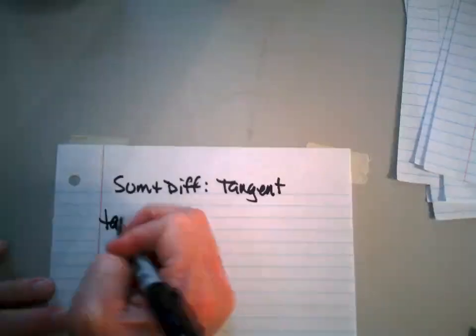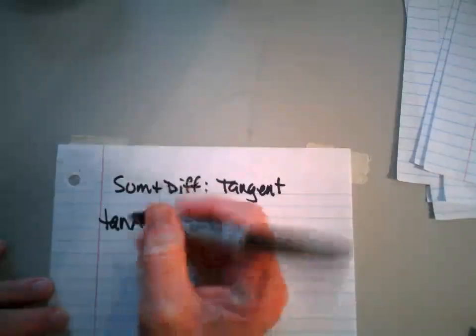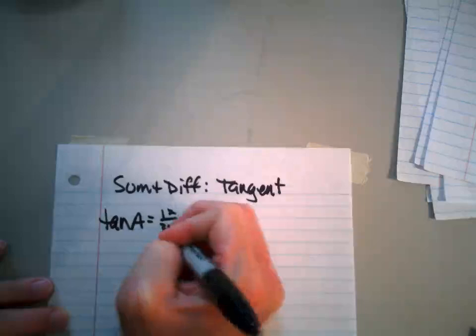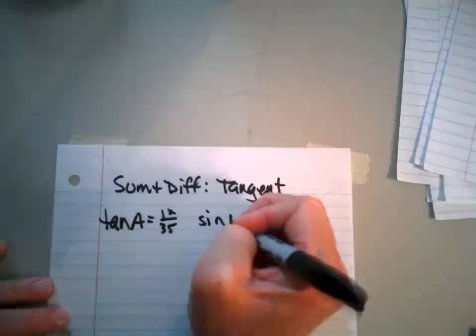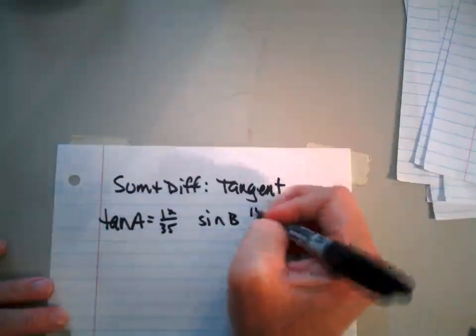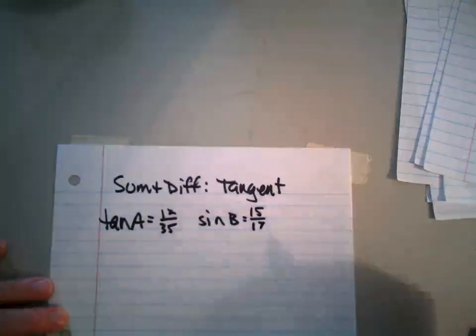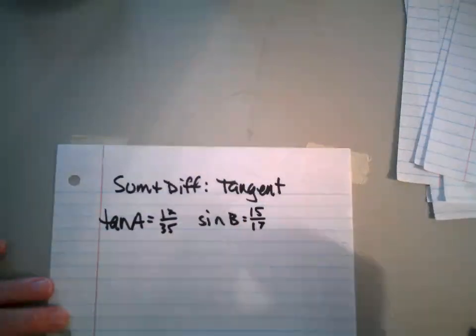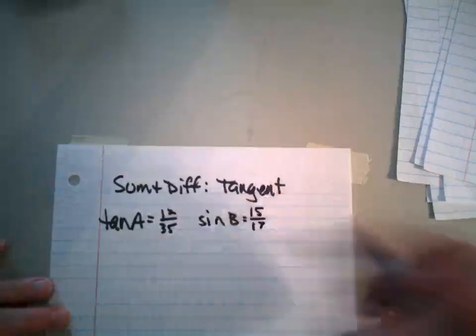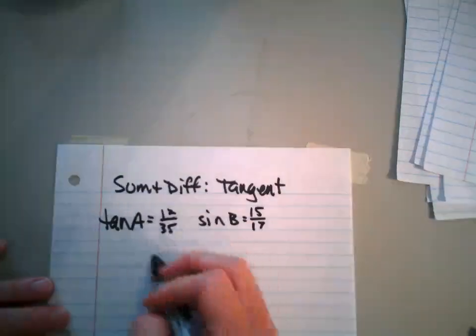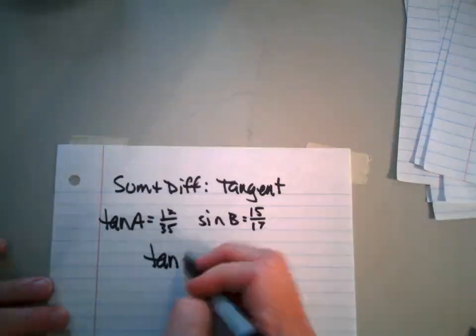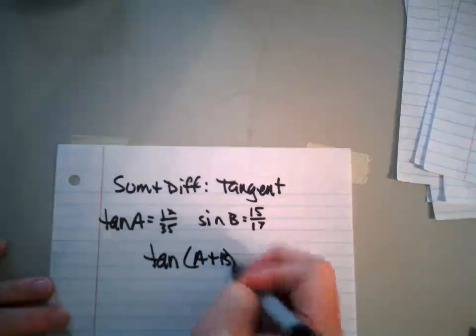So they gave us tangent of A is 12 over 35. Sine of B, 15 over 17. This is all in the problem on Delta Math. And it's asking us to find the tangent of A plus B.